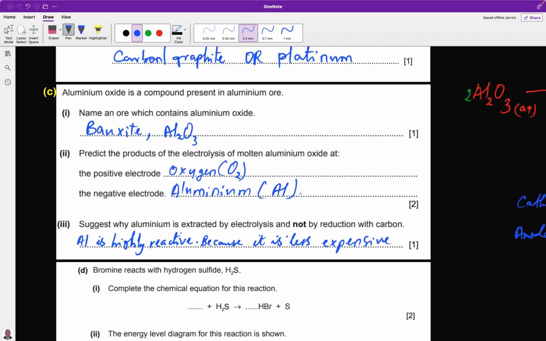It is less expensive compared to reduction that requires more heat energy.